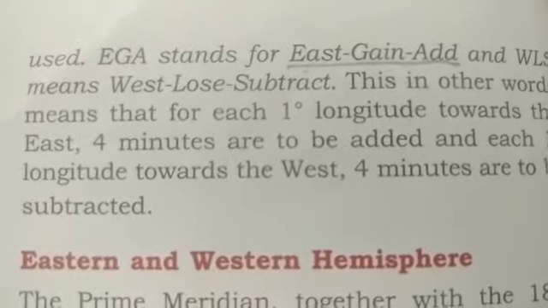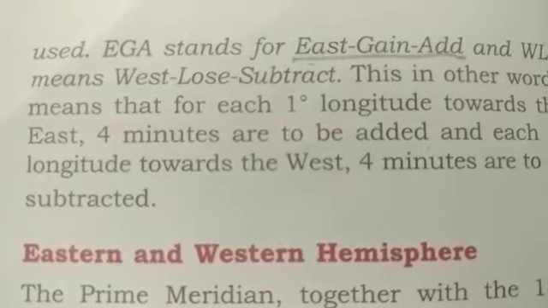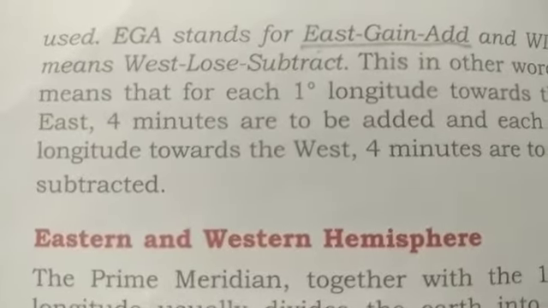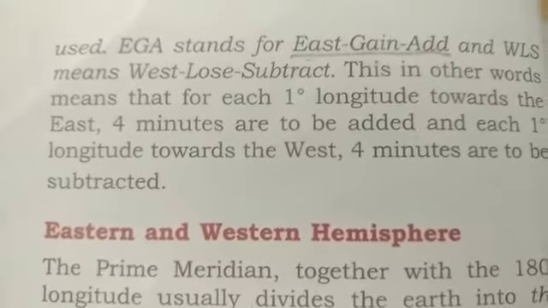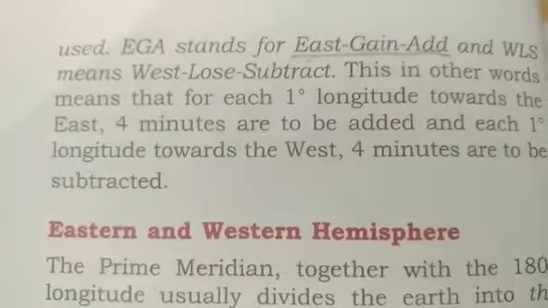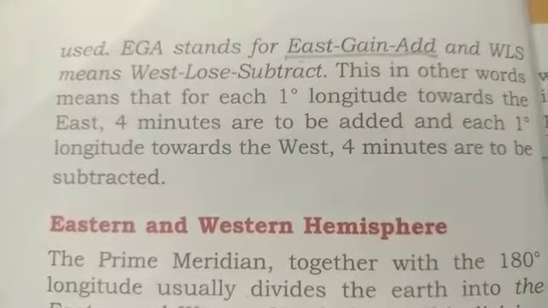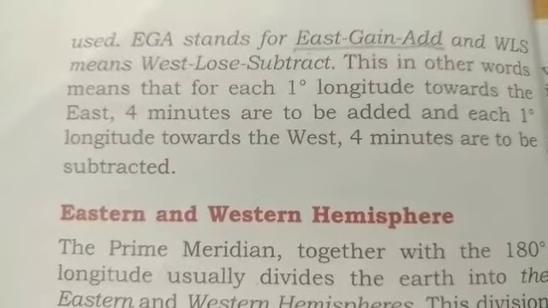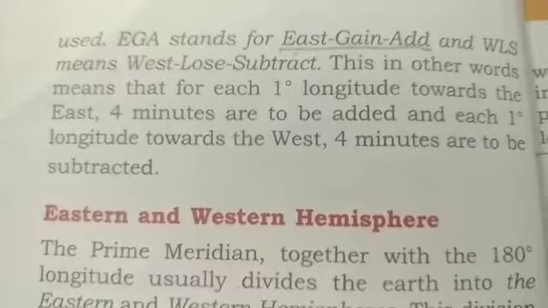If you are going towards the eastern side, you add the extra time to the Greenwich Mean Time, and if you are calculating the time of the western side, then you have to subtract the time from the Greenwich Mean Time. Based on this formula, we will be able to calculate the time of every longitude throughout the globe. So let's read the final part.